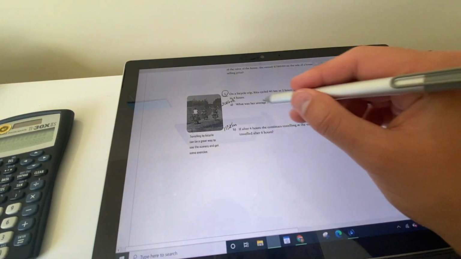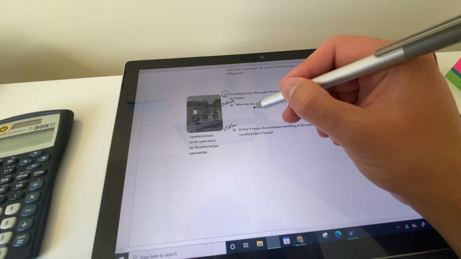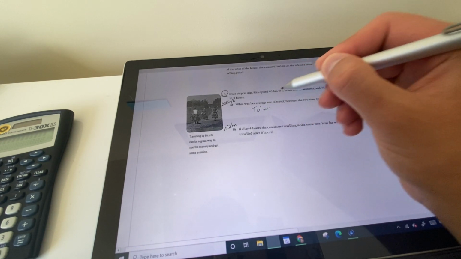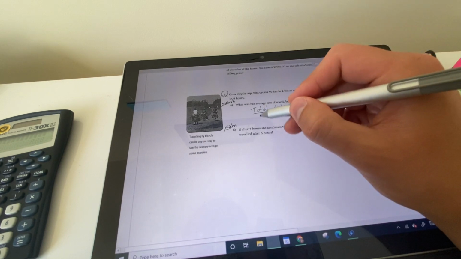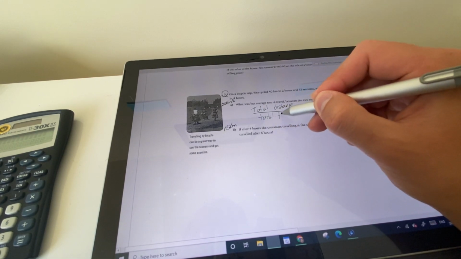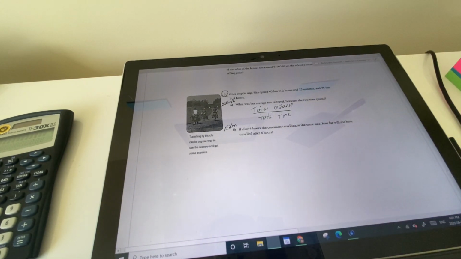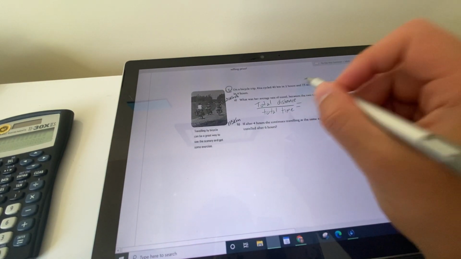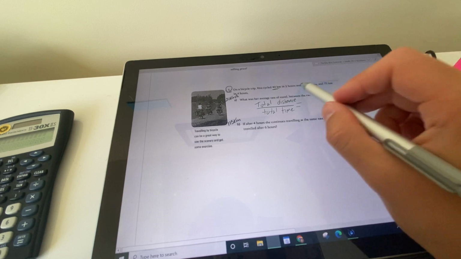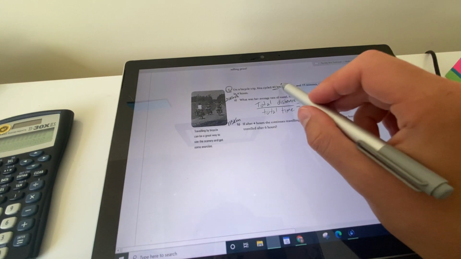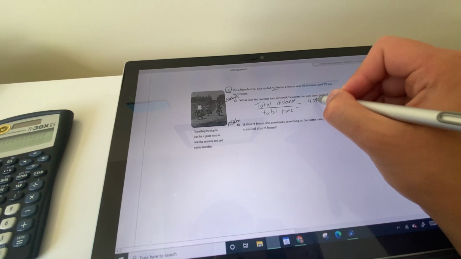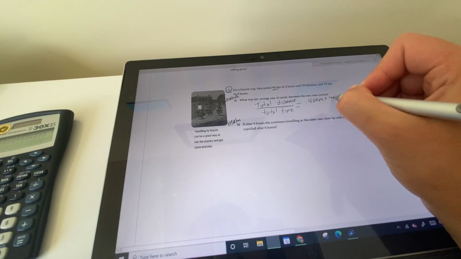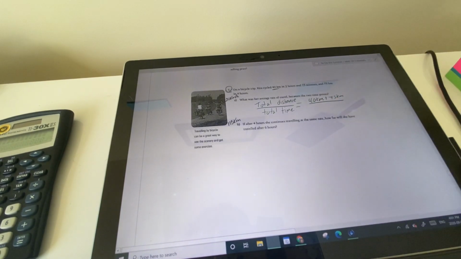So remember, average rate is going to be the total distance divided by the total time. The time has to be in the same units. So the total distance here, well, she rode 40 for 2.25 hours and then 75 kilometers for 4 hours. So that's going to be 40 kilometers plus 75 kilometers.